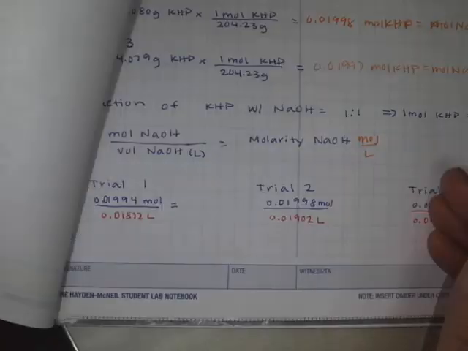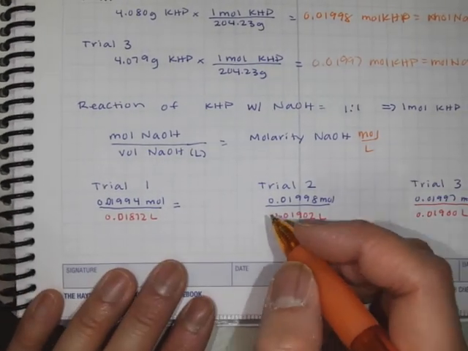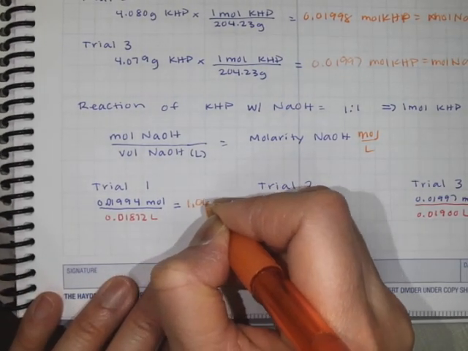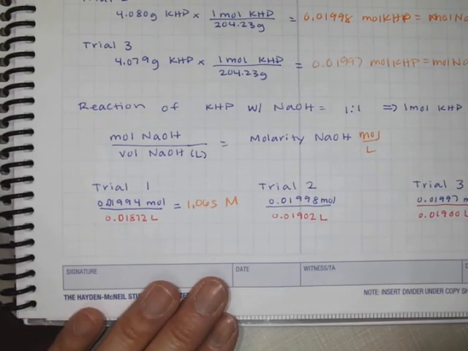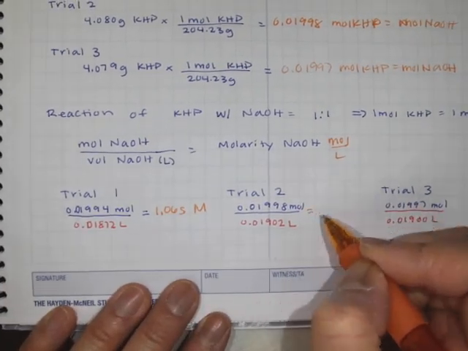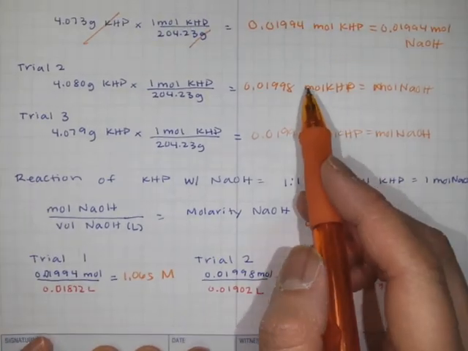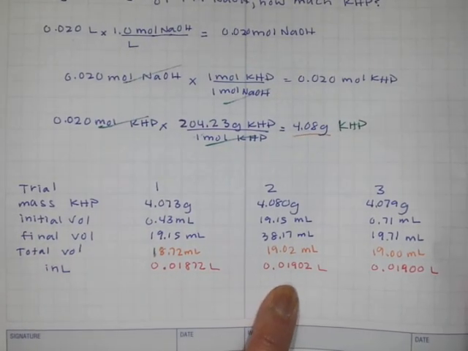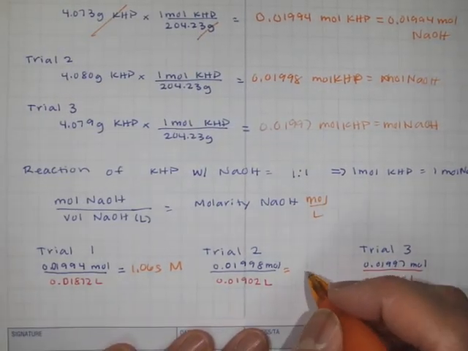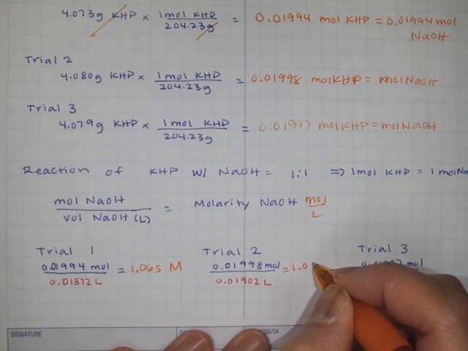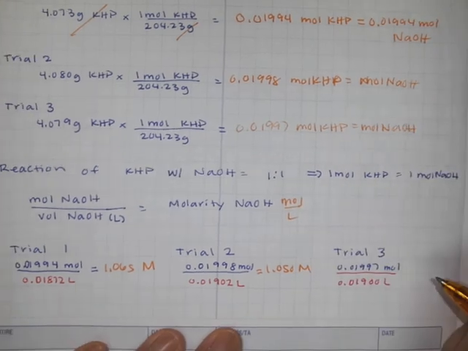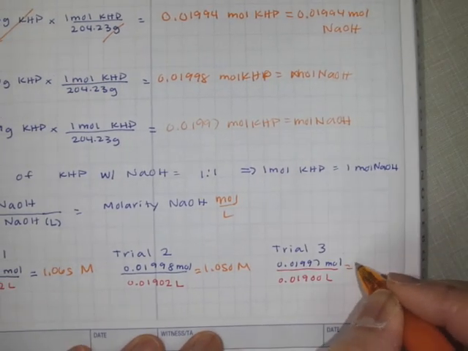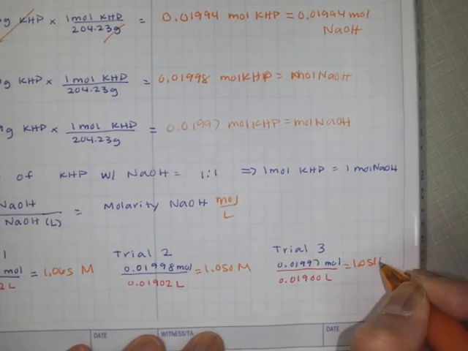This comes out to a molarity of 1.065 molar. For the second, 0.01998, divided by the 19.02 in liters, is 1.050. And this last one is 1.051 molar.